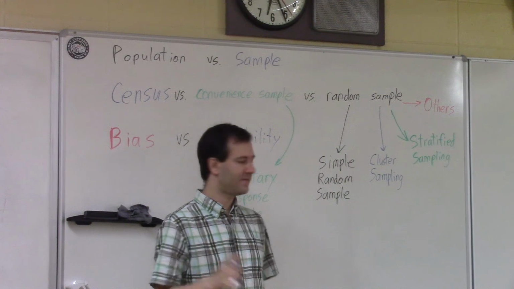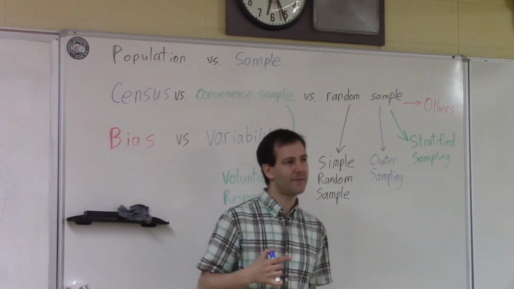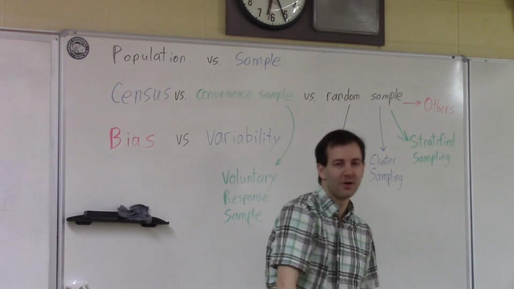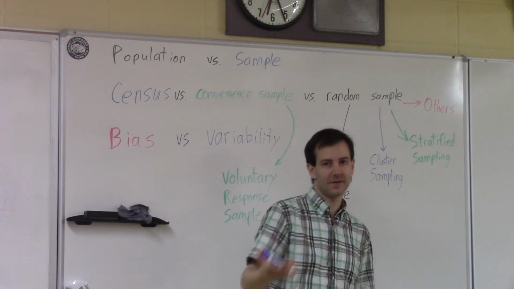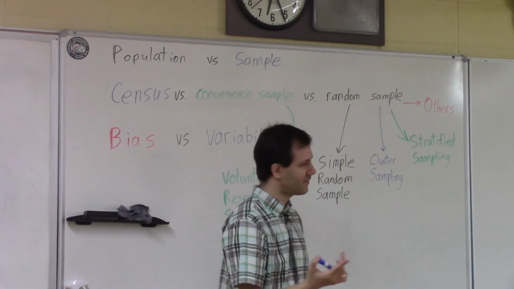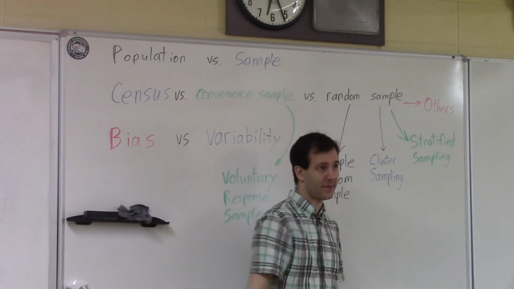Why is this more convenient than a simple random sample? Because a simple random sample, you might have to drive your car to 20 different places all over Swansea, or 50 different places if you want to survey 50 houses. But if you want to survey 50 houses more conveniently, you can use cluster sampling.